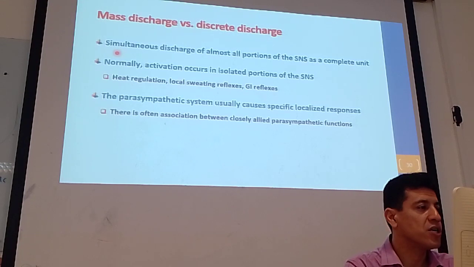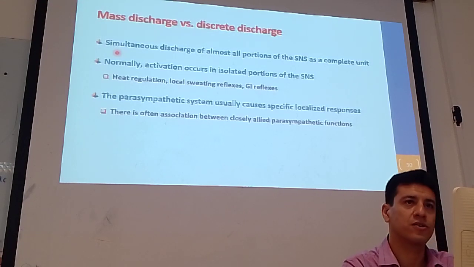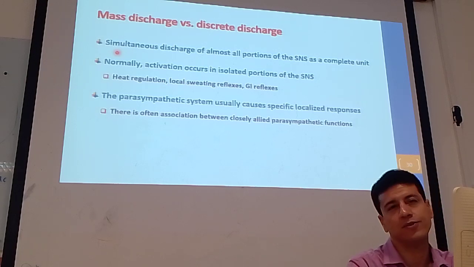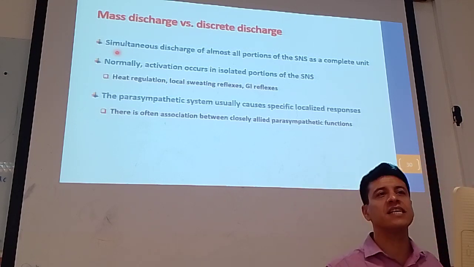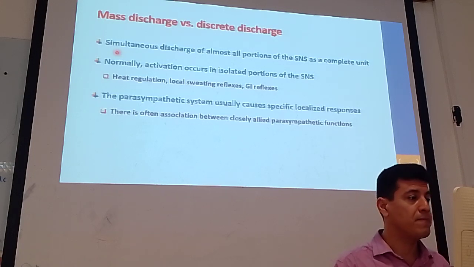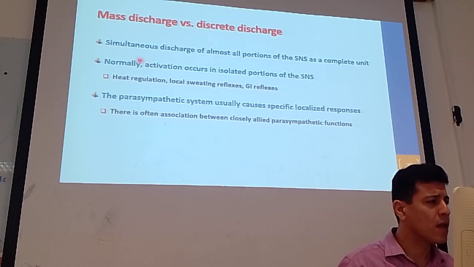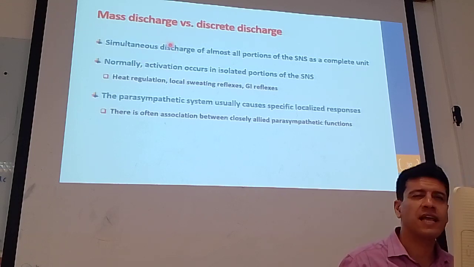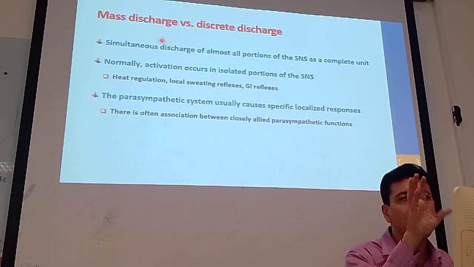Okay, mass discharge versus distal discharge. We talked about this actually. Sometimes simultaneous discharge of almost all portions of the sympathetic nervous system may happen as a complete. So the whole sympathetic nervous system can be activated at the same time. Okay? But this actually happens only on very rare occasions.